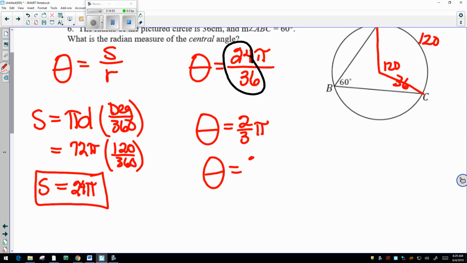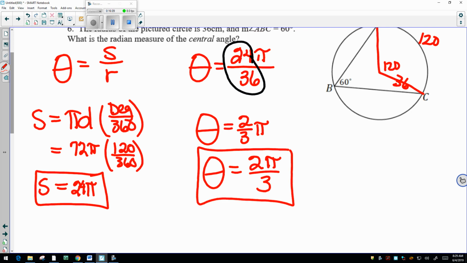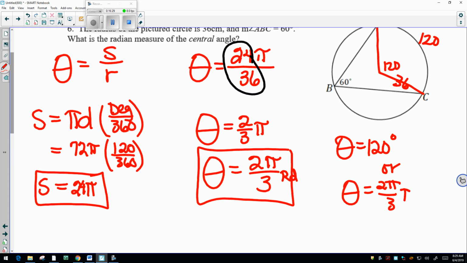Normally you see that pi in the numerator, and you're going to get something that looks like 2 pi over 3. So what we've just done is found your central angle in radian units. So we know that we had either theta was 120 degrees, or we could say theta is 2 pi over 3 radians.